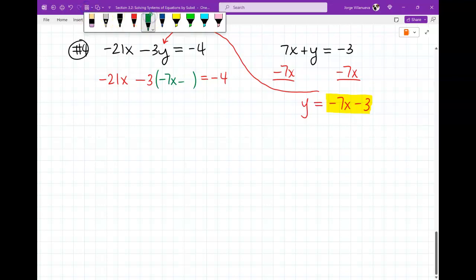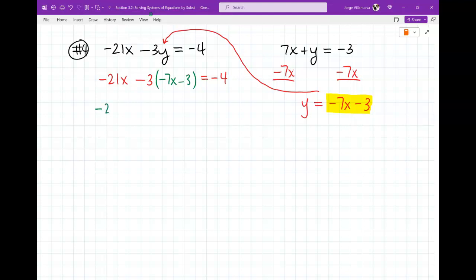I did that in my head and wrote down my answer. So negative 21x, positive 21x, positive 9 equals negative 4. All right, so what happens with my x variables? They cancel out. So all that's left is 9 equal to negative 4.